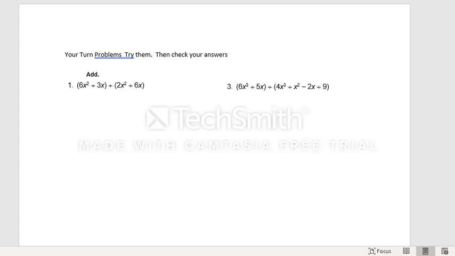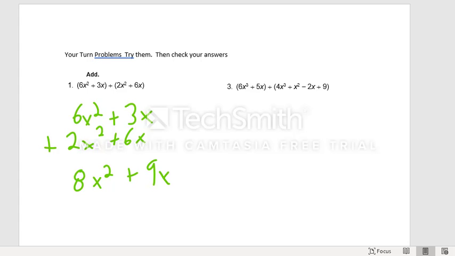Okay, now if we look at this, we can line them up vertically, 6x squared plus 3x, and then right below it, the other one, 2x squared plus 6x. Add them together, 6 plus 2 is 8, so 8x squared. 3 plus 6 is 9, so 9x.